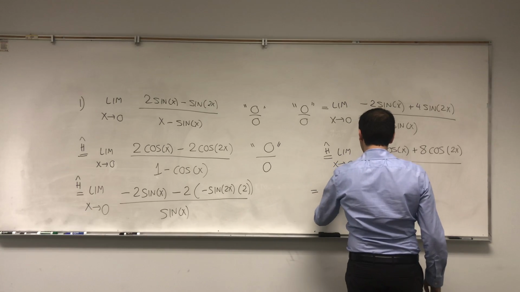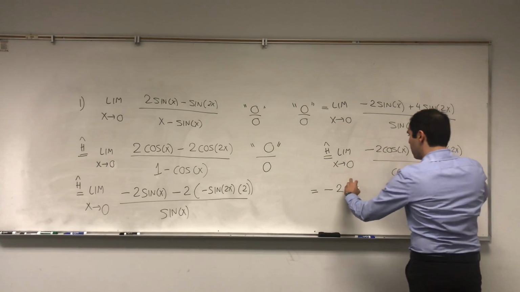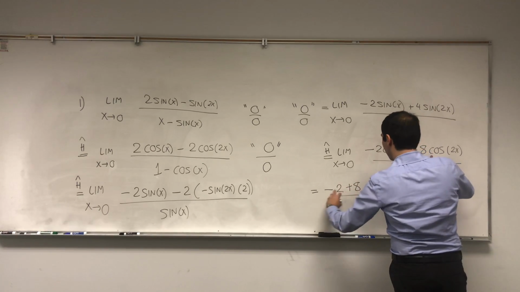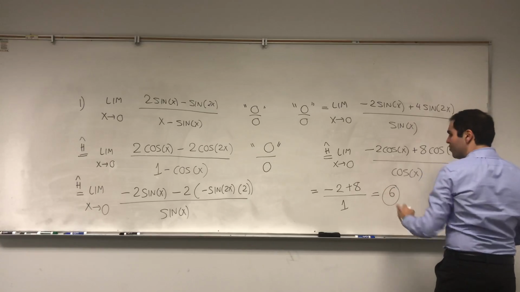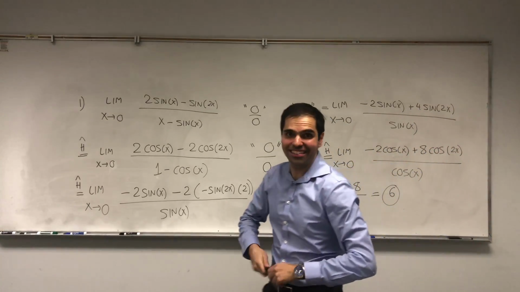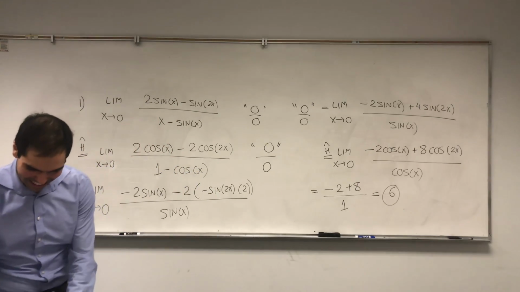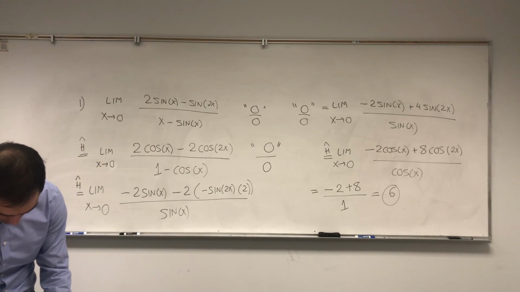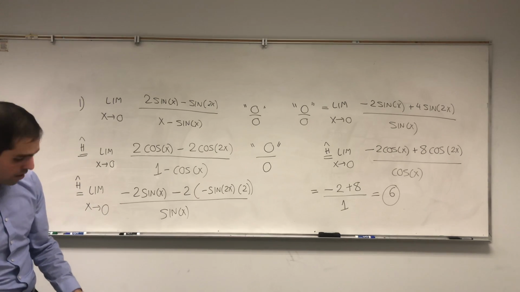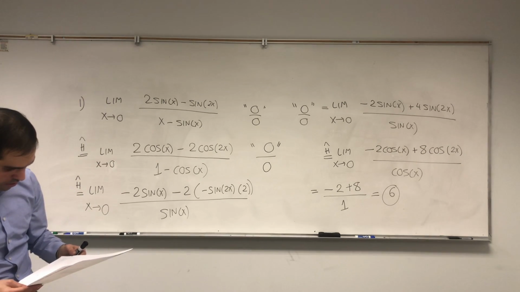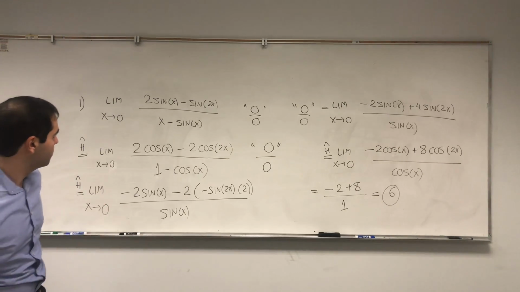It becomes minus 2 cosine of 0, so minus 2 plus 8 cosine of 0, so 8 over 1, and in the end, we get a limit of 6. I mean, who would have known? How nice is that, huh? And then, let me just check if that's correct. Yes, okay.